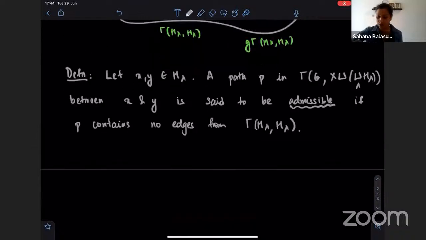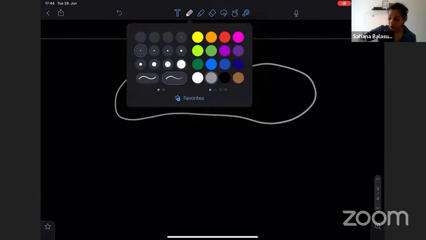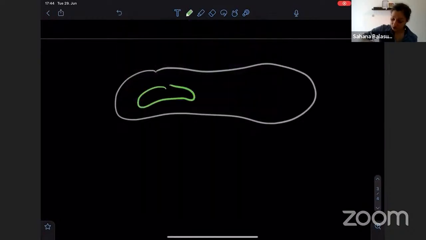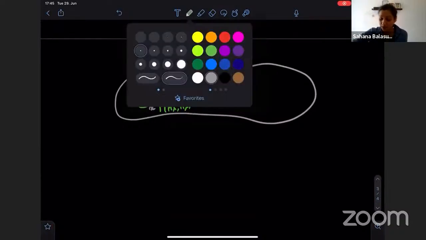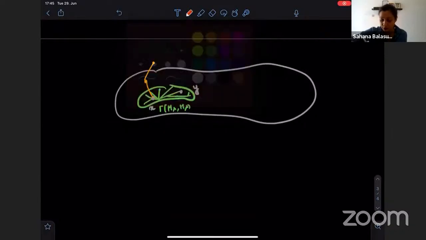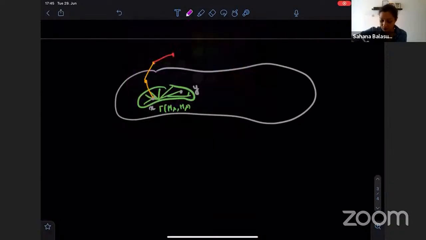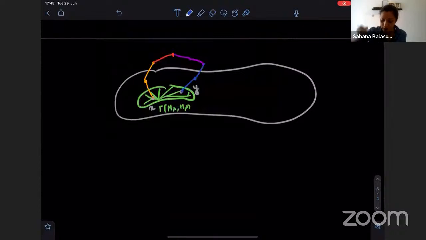What I mean is that if I have my ambient space, and here is my complete subgraph, and let's say here are my 2 points X and Y. What I mean by an admissible path is a path that looks like the following, that it leaves this space, perhaps has a different set of edges of different colors, meanders about in the space, and then it comes back to this point Y.